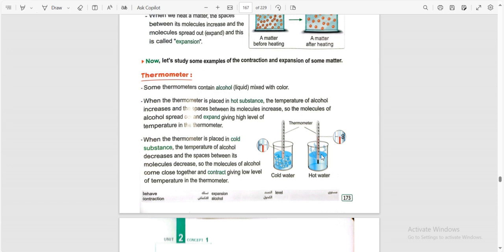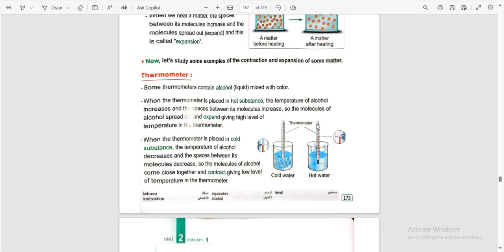So this liquid has a specific red color to be seen, and when you put the thermometer in cold water, you see that it's at a low point, and when you put the same thermometer in hot water, you see the alcohol rising.